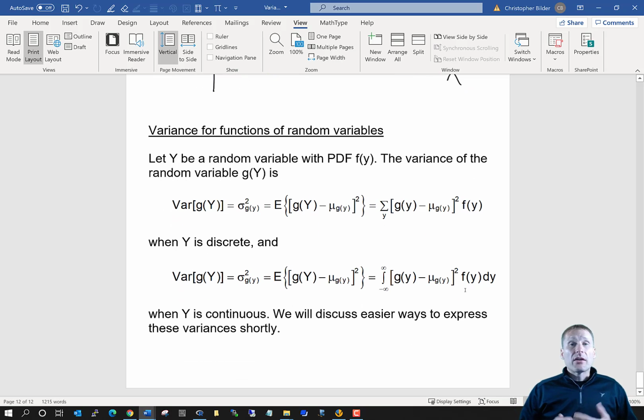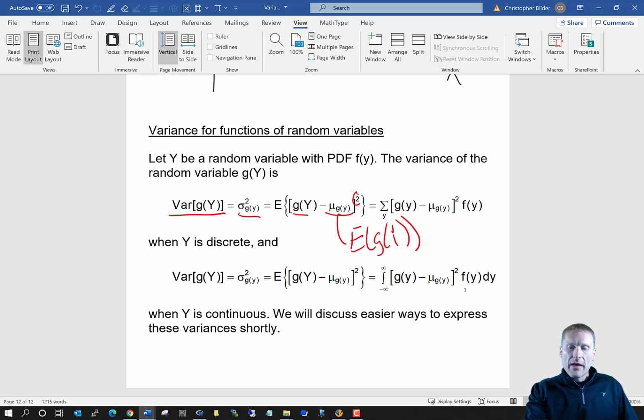And lastly here, we could also look at variances for functions of random variables as well. So I could look at the variance, or Var, of g of y. Some people will denote this as sigma squared with the subscript g of y. And all that is just another expected value. The expected value of g of y minus its corresponding mean, in other words, the expected value of g of y, that quantity squared, and then we take the expected value of all that.